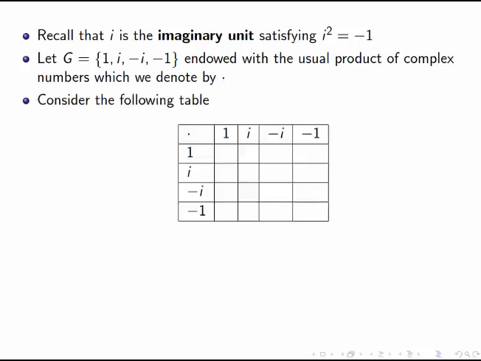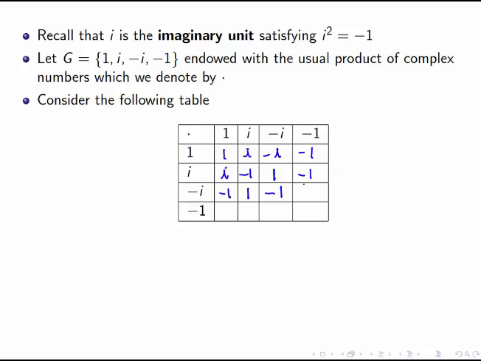Now, notice that if we look at this multiplication table, 1 times 1 is 1, 1 times i is i, then -i, -1. i times i is -1, and then you have a negative, so you have a 1, -i. i times i is -1, and then the -1 turns into a 1. i squared is going to be -1.